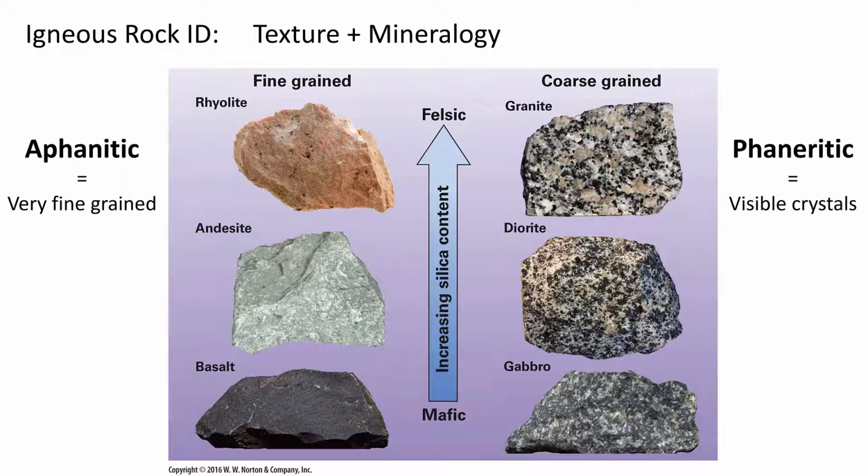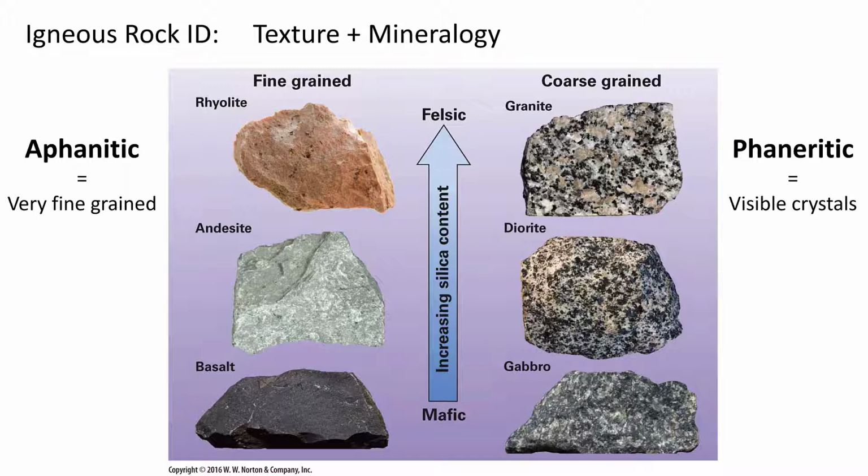So moving on to igneous rock identification, we've talked about sort of the geometries we can see. We've looked at general rock names for examples of extrusive igneous rocks and intrusive igneous rocks. But now let's get a bit more specific and toward how we'll be naming rocks when we get to the field.